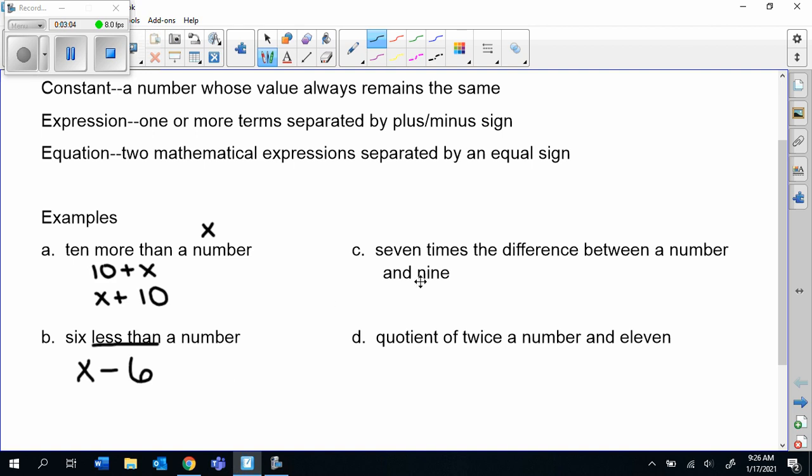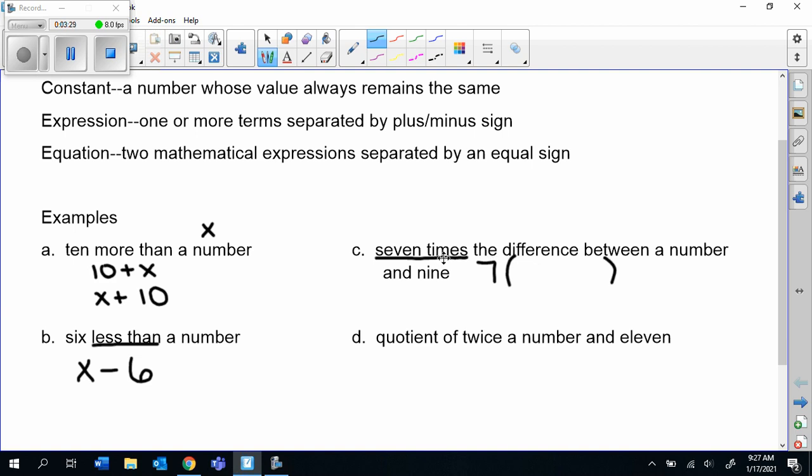We can get a little bit trickier and add in some parentheses. 7 times the difference. Well, we're going to multiply something. "Times" is multiply. So we're going to multiply 7 times something. What are we multiplying the 7 by? The difference between a number and 9. So we need parentheses because we have 2 different operations happening here.